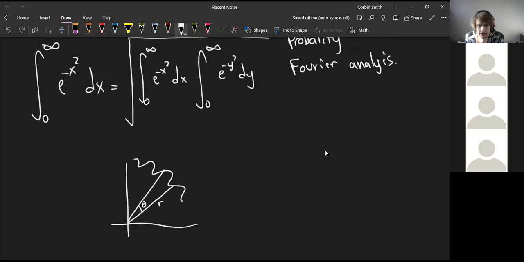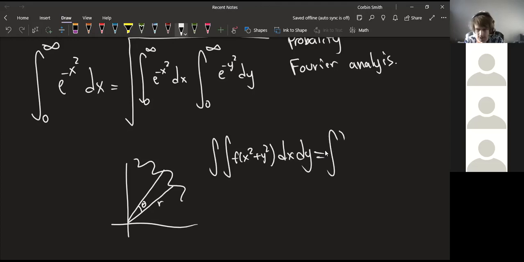So if I have an integral of some f of x squared plus y squared dx dy, that's equal to the integral of f of r squared times r dr d theta.